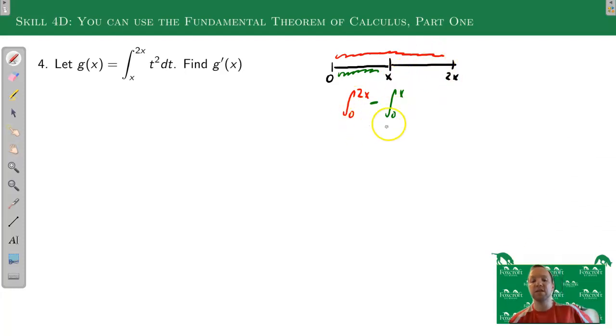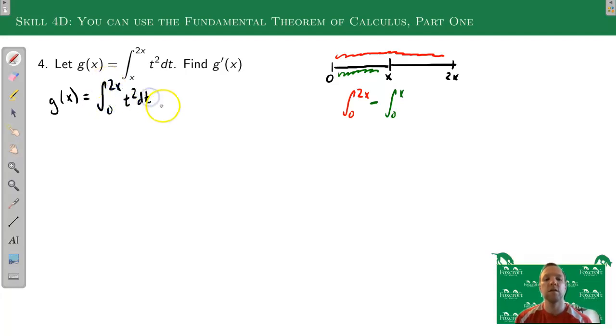So using some creative integral rules, I can make them both start at 0. So this function, again, this is not the answer, g of x, the original function is the same as the integral from 0 to 2x of t squared dt minus the integral from 0 to x of t squared dt.